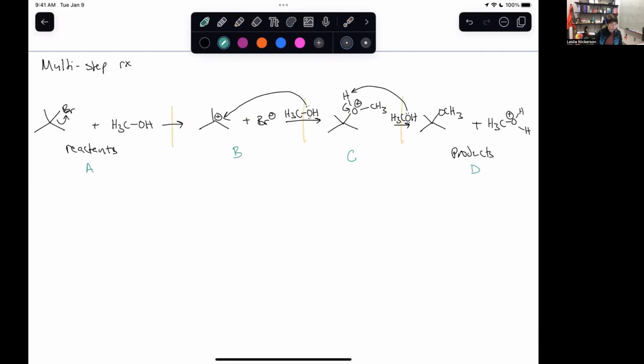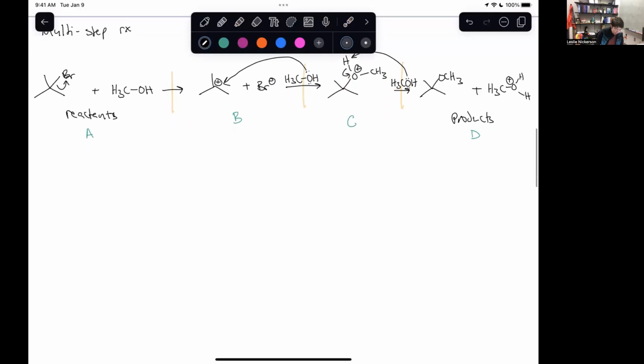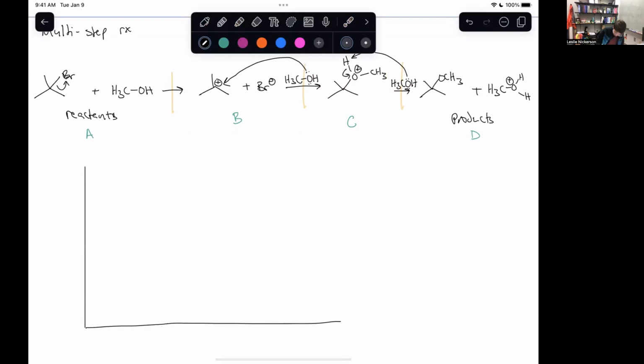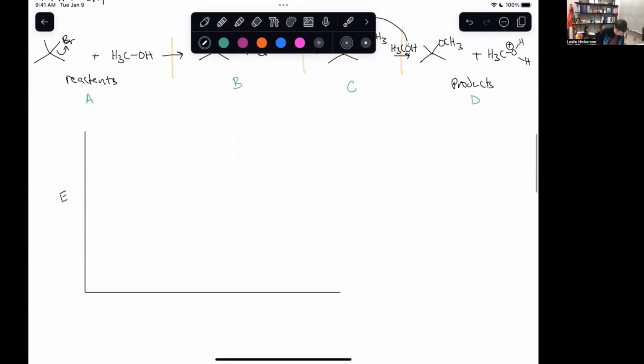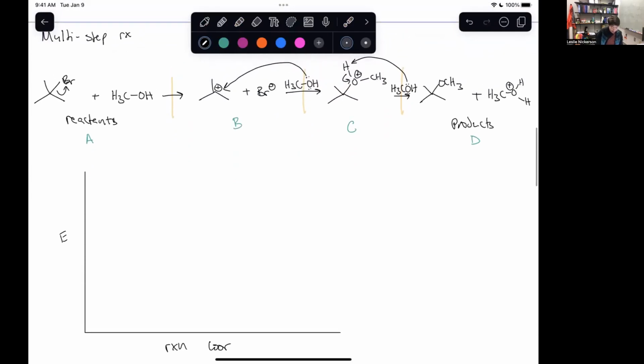All right, so once we're there, let's go ahead and set up our reaction coordinate diagram. I'm going to do a nice big one here. I've got energy on the Y axis, reaction coordinate on the X axis.